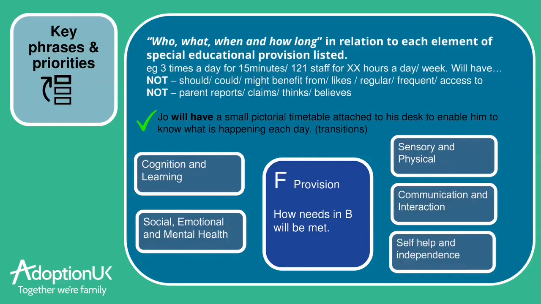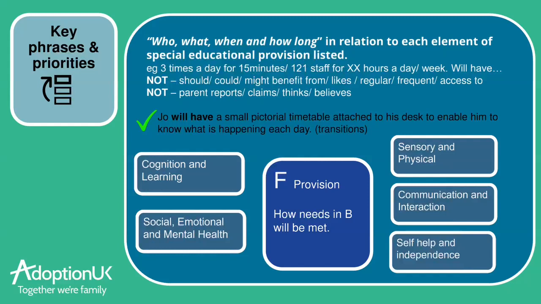If your child has something regularly, that could be once a week. If your child should have access to a TA, maybe that the TA is only in 3 days a week. So we need to get this wording very clear and very concise.